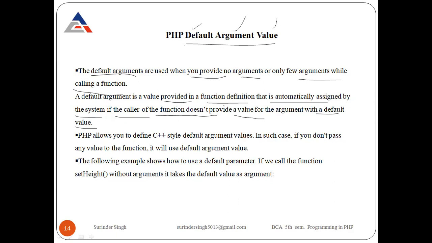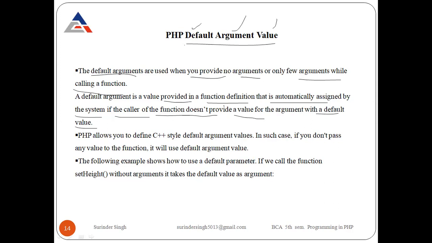Clear? You need not define all three arguments. You can call the function by passing only two arguments, because in the function definition you already set a value for the third argument.